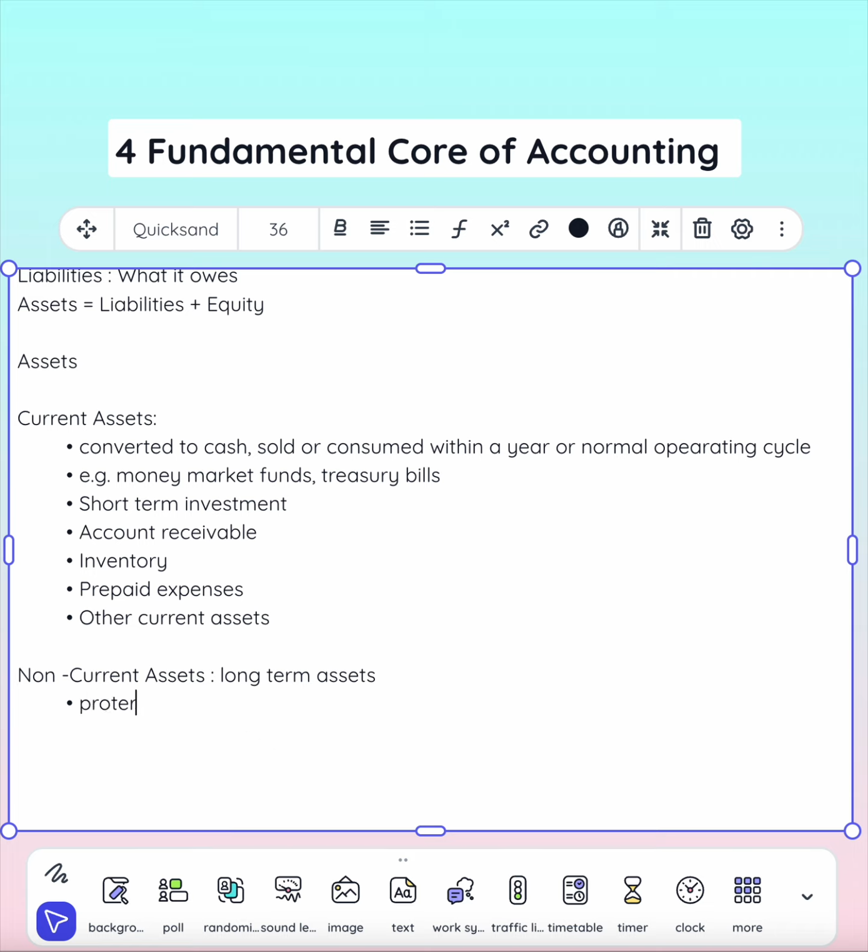You have property, plant and equipment, PP&E, long-term investments, intangible assets, and other non-current assets.